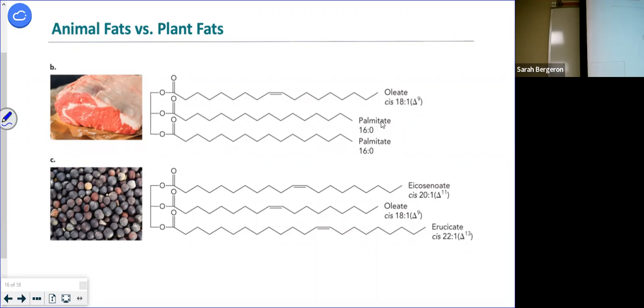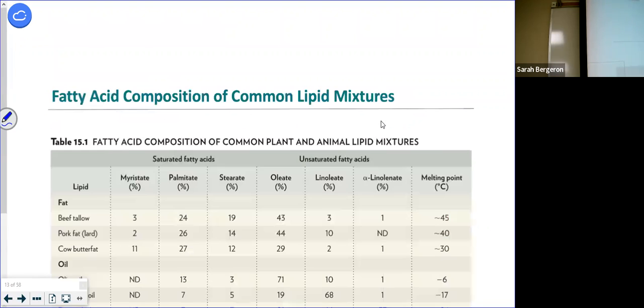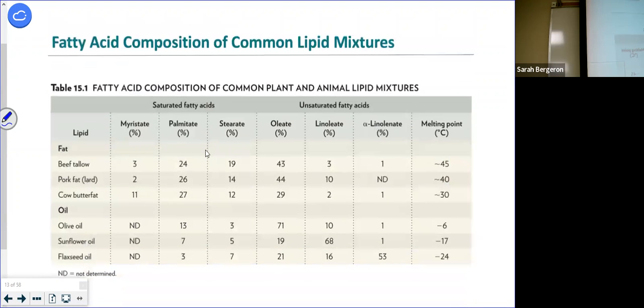And then go and check, because if you've drawn one that's on the chart, it should be pretty close to the melting point that's on the chart. This chart. Because you pick one of these, right?